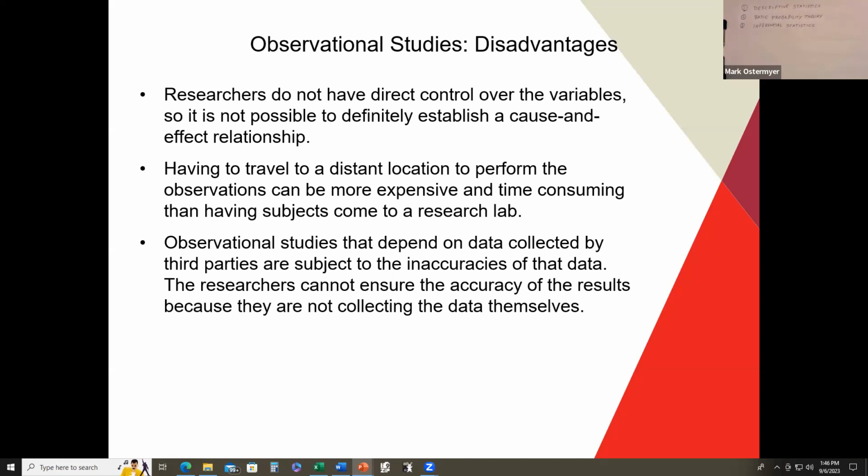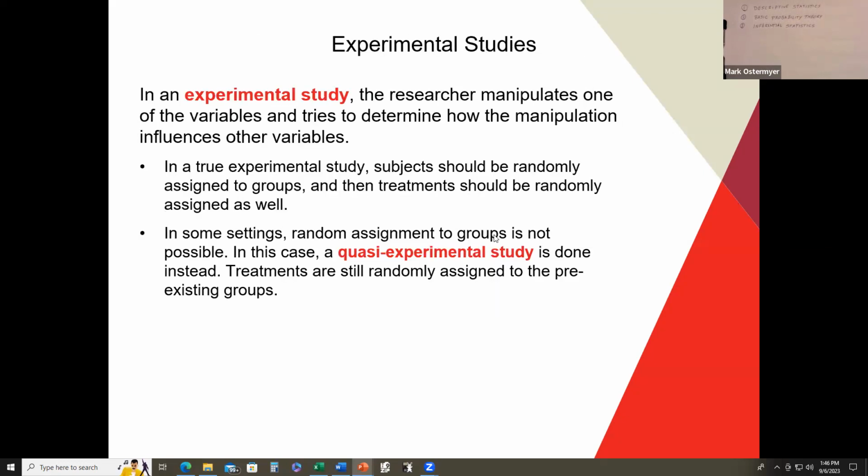That's another drawback. Observational studies often are conducted by maybe third-party people or people that don't really have an invested interest or might be biased in some way, shape, or form. And who knows, maybe they'll fudge the data and then turn it over to you, and you have a fudged, biased data set. So there are some flaws with the observational way of doing things.